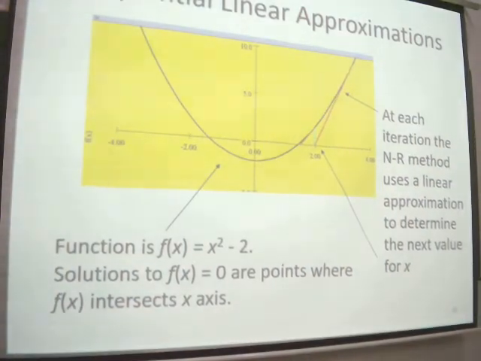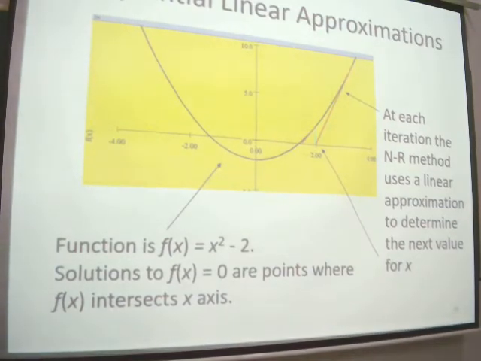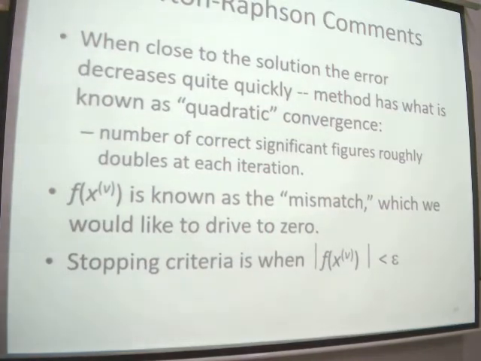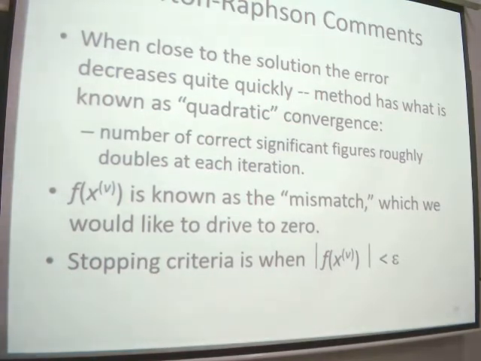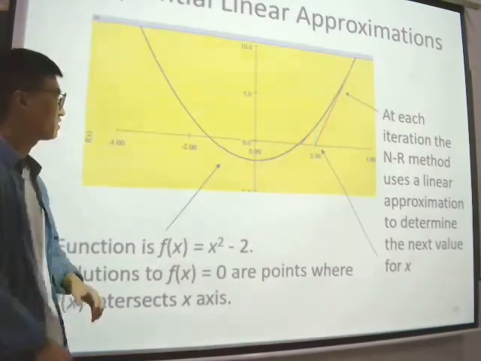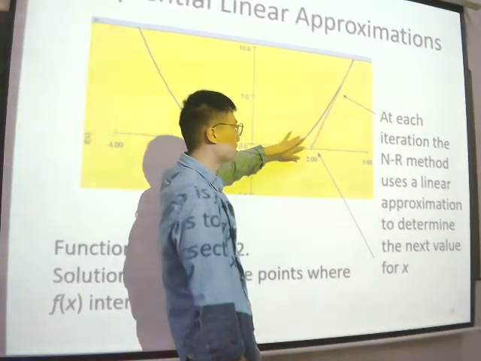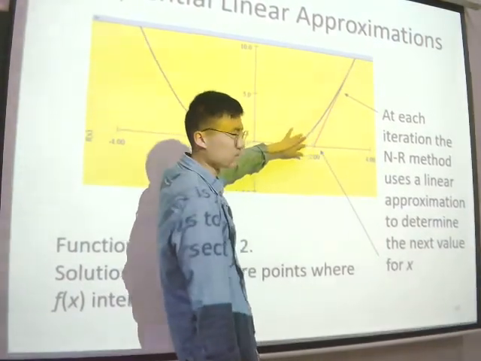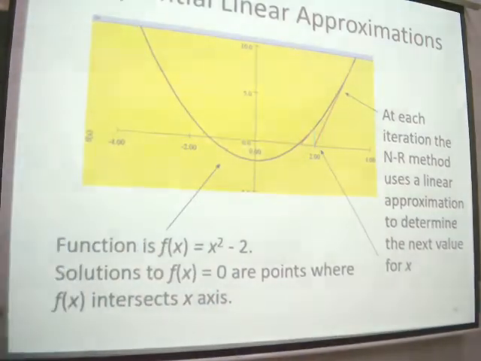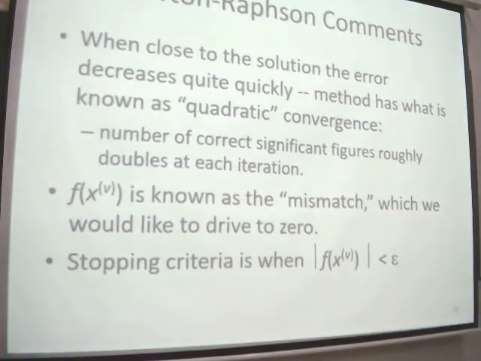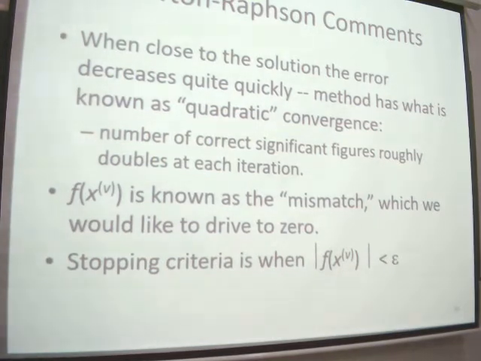As we get close to the solution, the error decreases, okay? So the error here, the distance, gets smaller and smaller with each iteration. Actually, this is what we know as quadratic convergence.